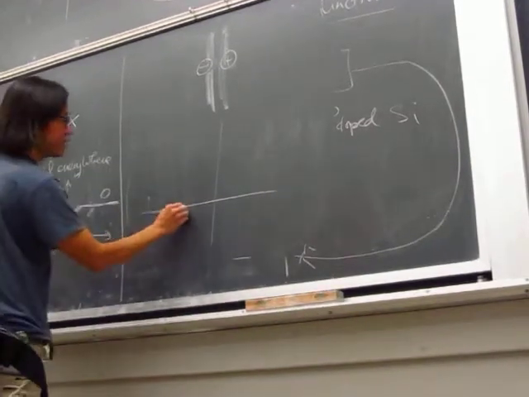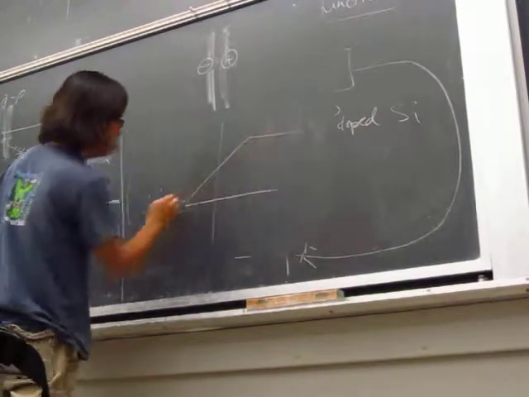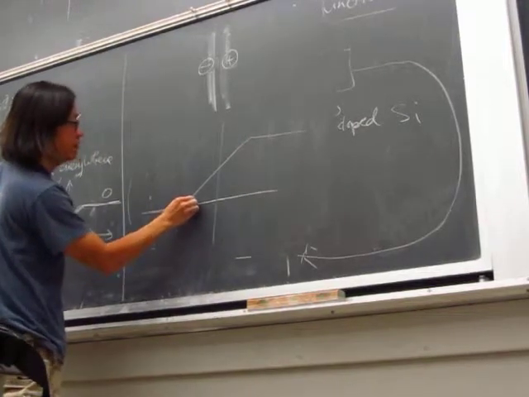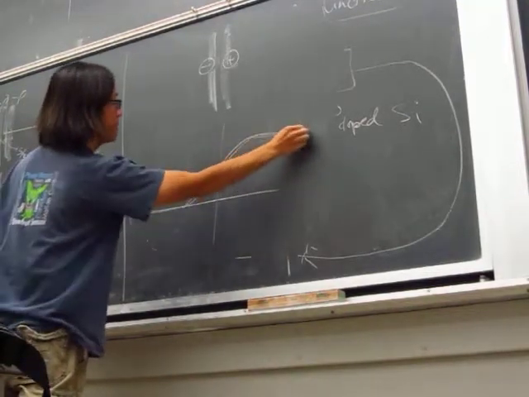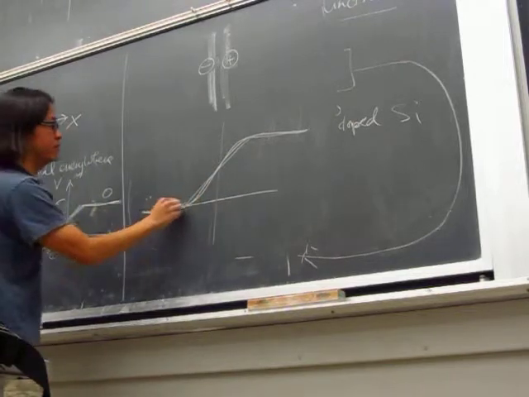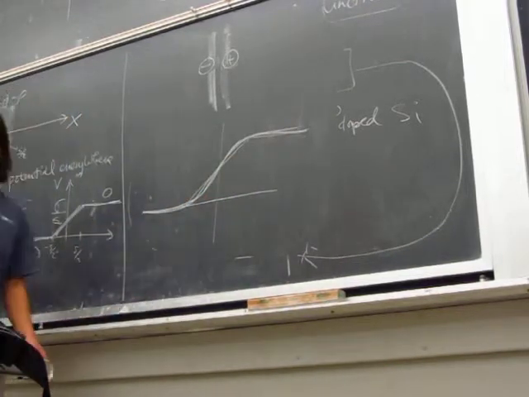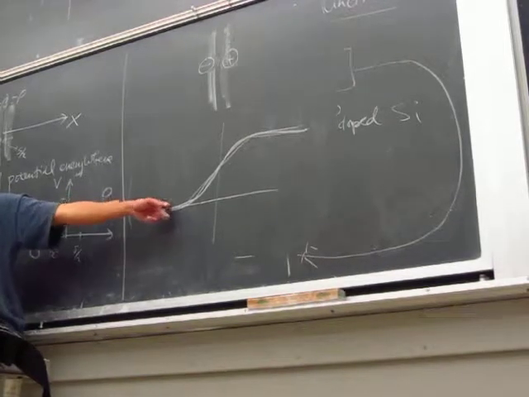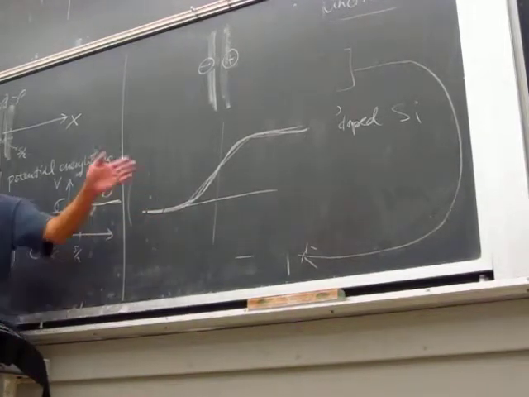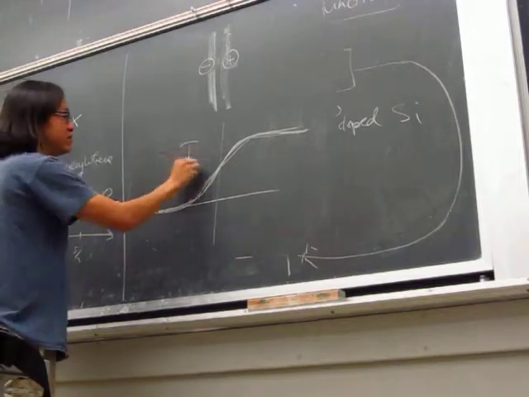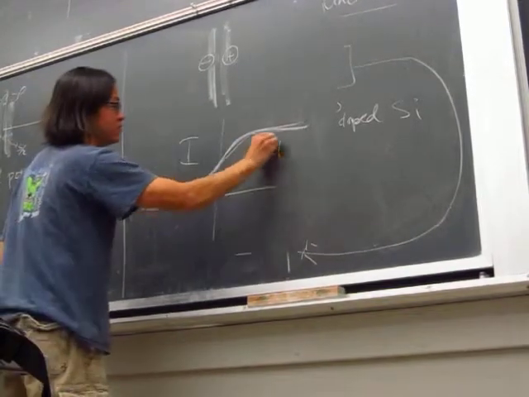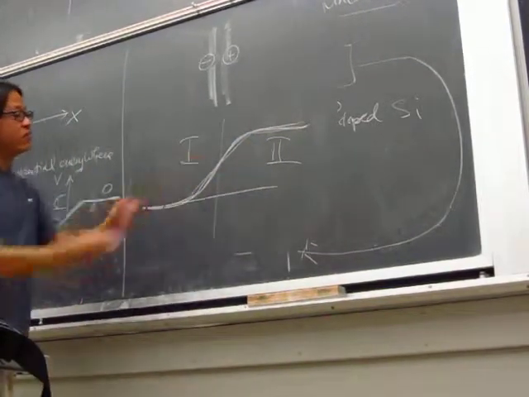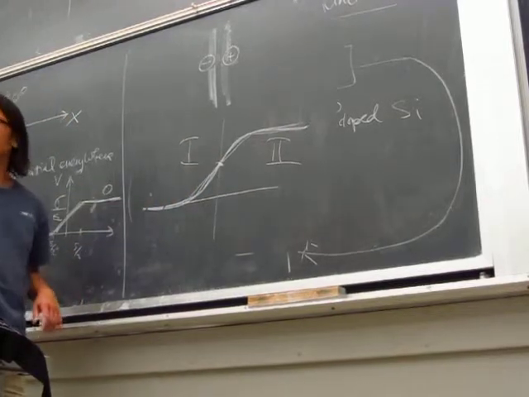Instead of something like this, you probably have something like that. You smooth things out a little bit, and this is the shape that you want to solve for. You solve it separately for region 1 and for region 2, and then you have to make sure that they meet in the center.